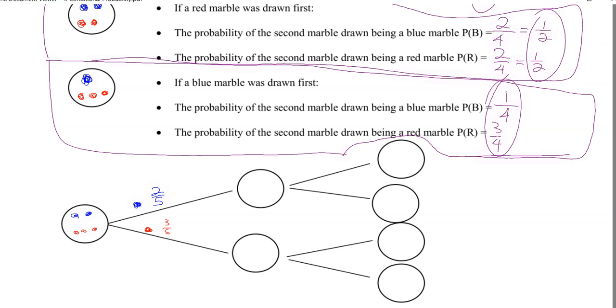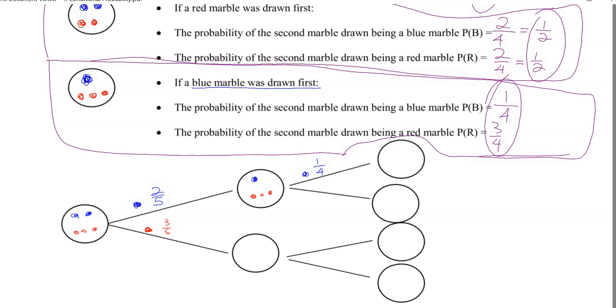If the first marble drawn is blue, we have 3 reds left and 1 blue. Then, if blue is the first marble drawn, the probability of the second marble being blue, we can just look here, is going to be 1 out of 4.